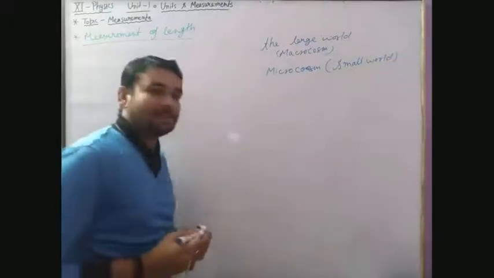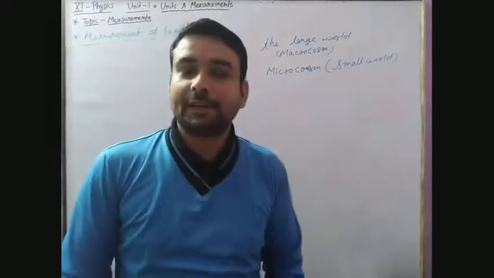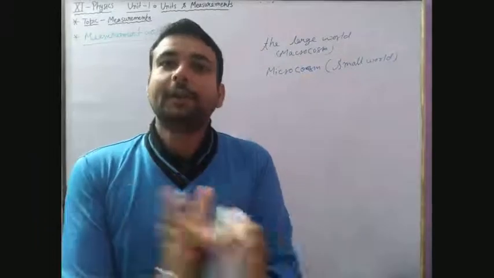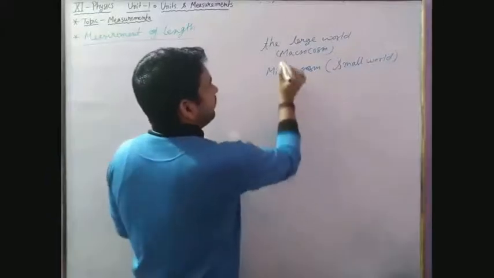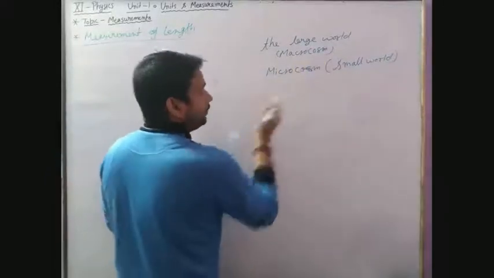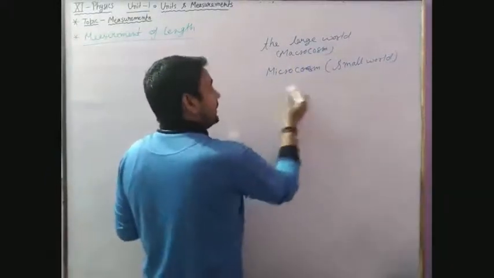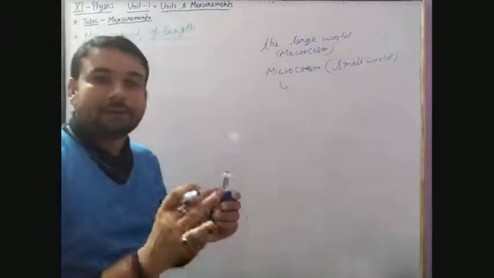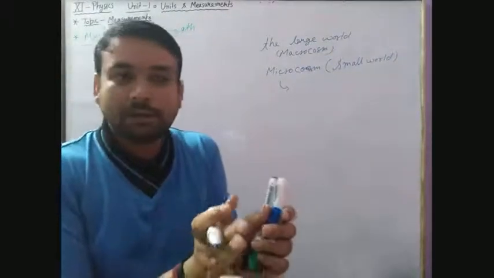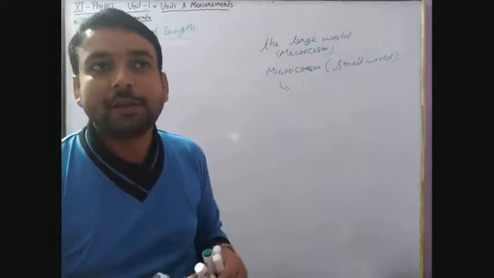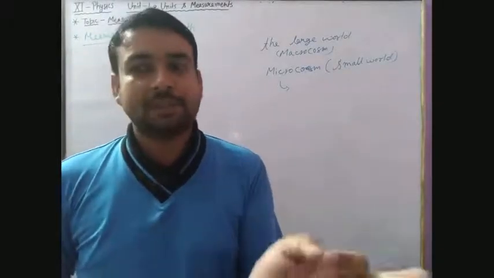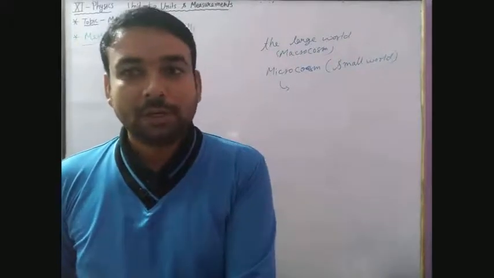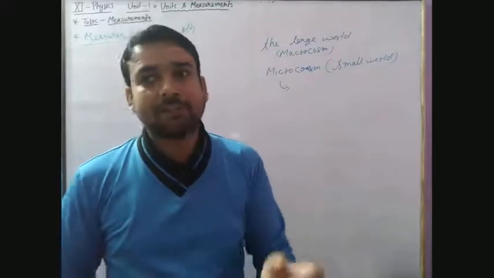Okay, as you learned in previous classes about macroscopic and microscopic, here we learn macrocosm and microcosm. These are the objects near to us, like molecules, atoms, electron, proton, and the things around us which are very small in size.